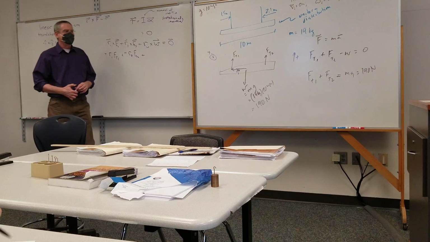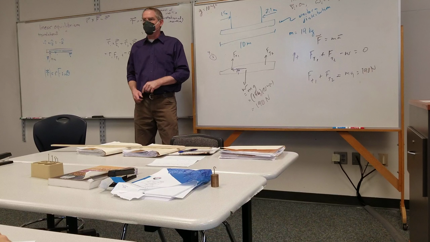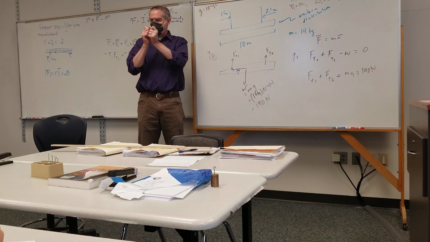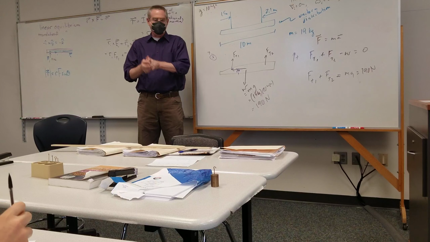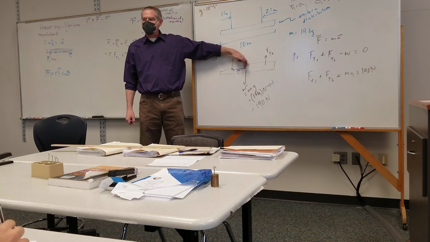It would be zero. It's not trying to spin it. From a math point of view, R is a vector from the axis of rotation to where the force is applied. What is the distance from the axis of rotation to where the weight is applied? Or what's the magnitude of that moment arm vector?